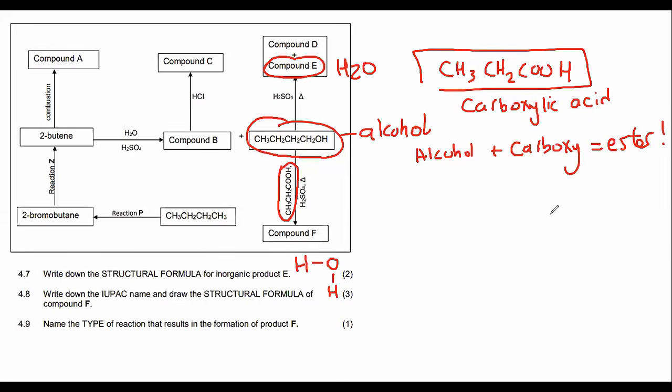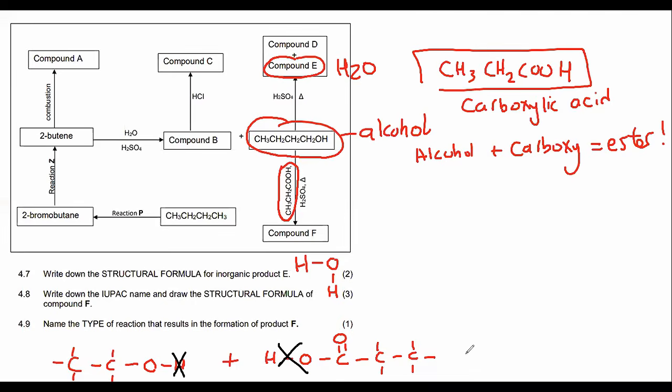Remember that? I'll give you a quick example so you can try to remember. If you take an alcohol, let's say we take an alcohol over here, and then you react that with a carboxylic acid, what happens is that this OH gets eliminated and this H gets eliminated, and then you form a product that looks something like this.